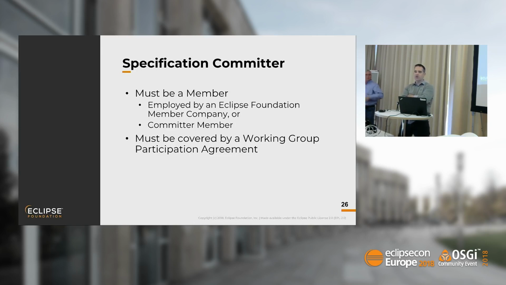And they must also sign and or be covered by the working group participation agreement. Again, they can get this by virtue of working for a member company that has signed that agreement, or as an individual member committer, they can sign that document on their own. And the working group participation agreement is the one that's primarily concerned with patents.